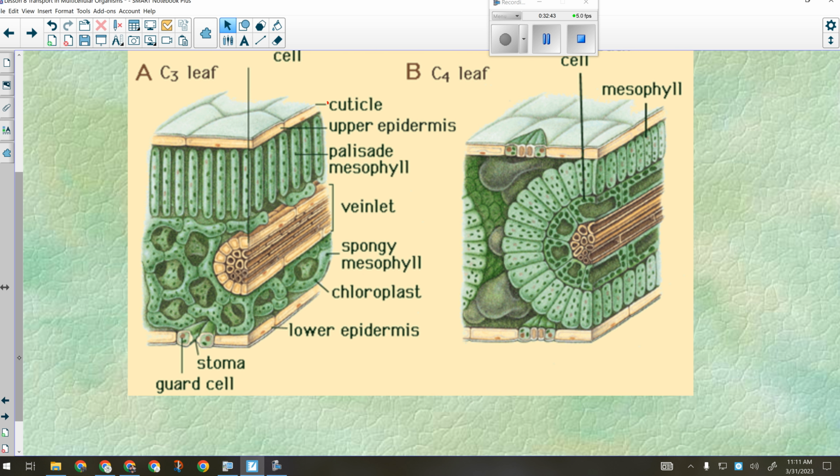I probably should have said that a different way. You're absolutely right, roots. It's a hot sunny day. Shade. Yeah, shade. If you put the stomates on the bottom of the leaf, they're always in the shade, which will limit the amount of evaporation that's going to happen because they're not in direct sunlight all the time. Plants have just evolved to do things like that because it serves their purpose. It's an advantage. So that's the layers of the leaf.